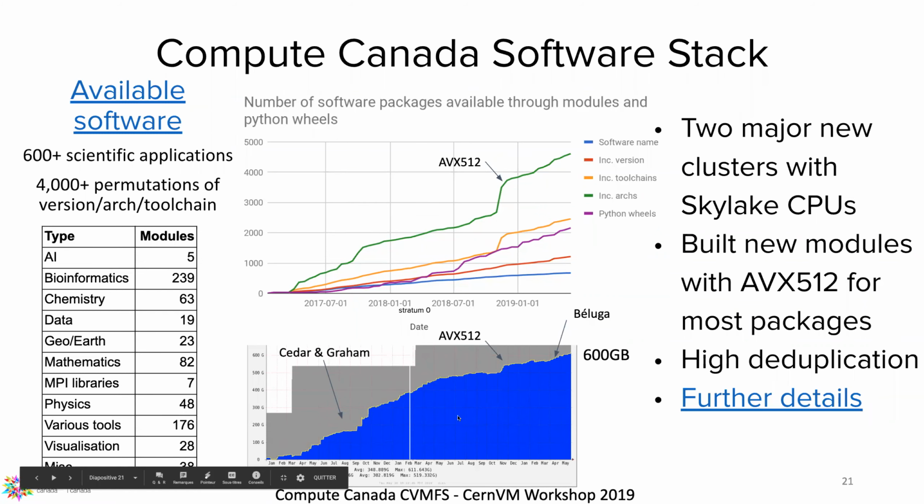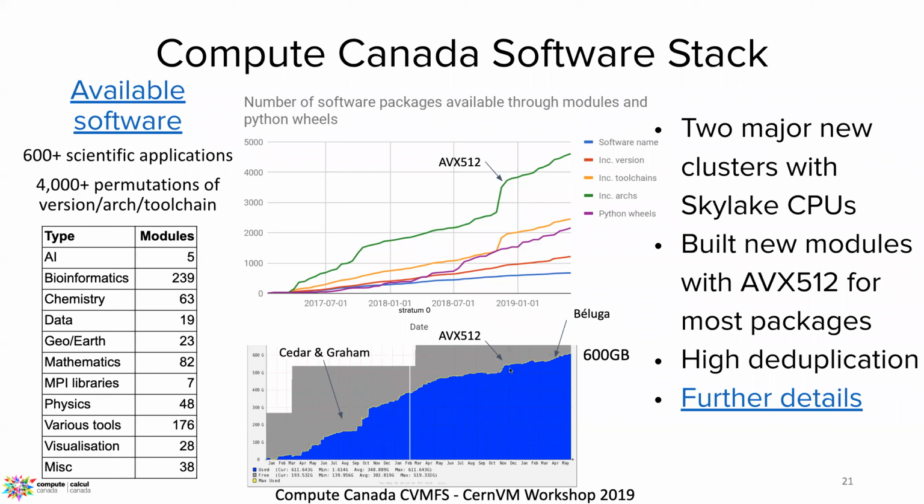The plot on the bottom here is the space that is used on the CVMFS infrastructure. As I said, because of the deduplication and compression, we have about 600 gigabytes used, even though the size of the software stack, if you were to copy all of it, is over 3 terabytes.